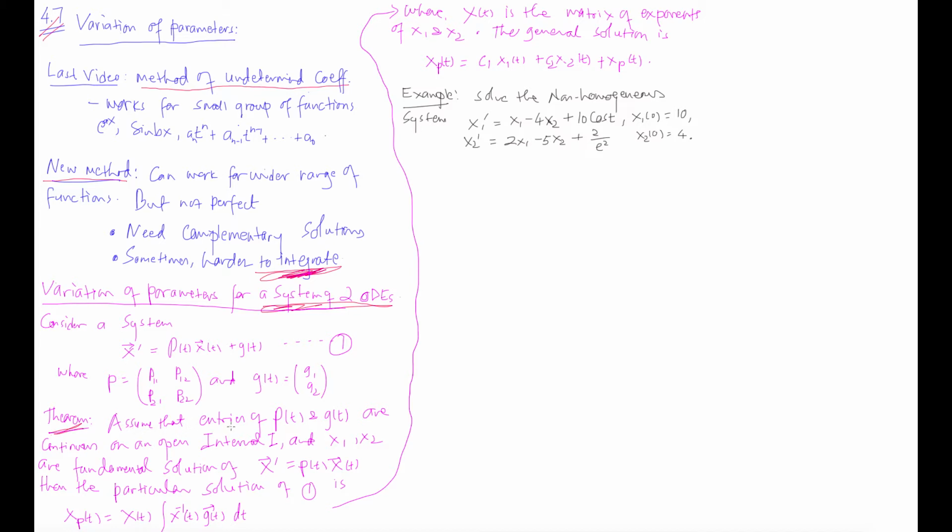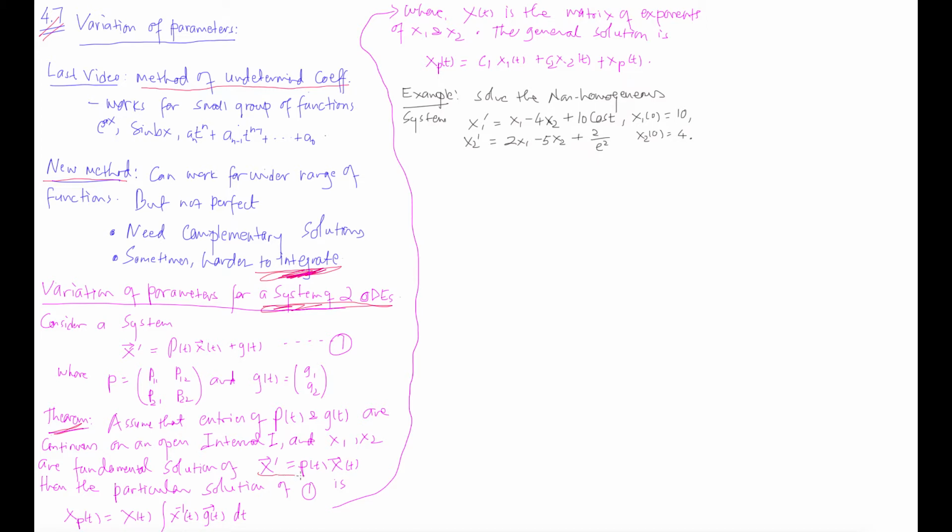Assume that the entries of the matrix P(t), meaning all these functions, and the entries of g(t), meaning these two functions, are continuous on an open interval I, and let x1 and x2 be fundamental solutions of the homogeneous equation, without g(t).